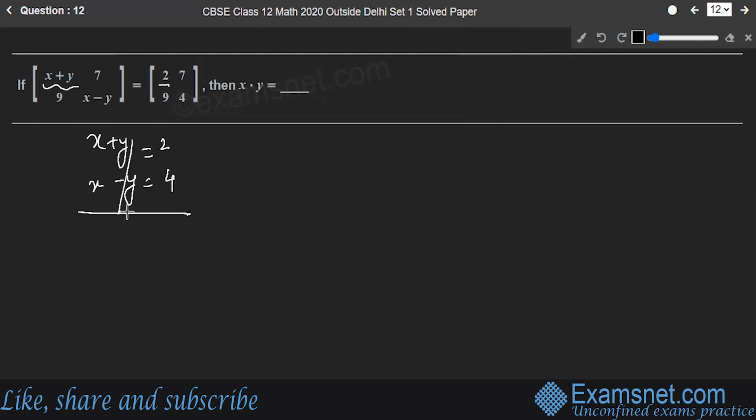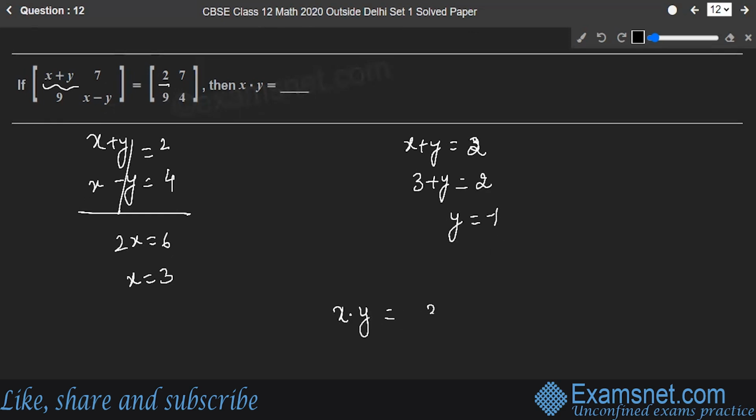Adding both of them, you will have 2x is equal to 6, or x is equal to 3. If x is equal to 3, then y will be equal to minus 1. So what is the product of x and y? This is equal to 3 into minus 1, which is equal to minus 3. Okay, so this is the answer to the question.